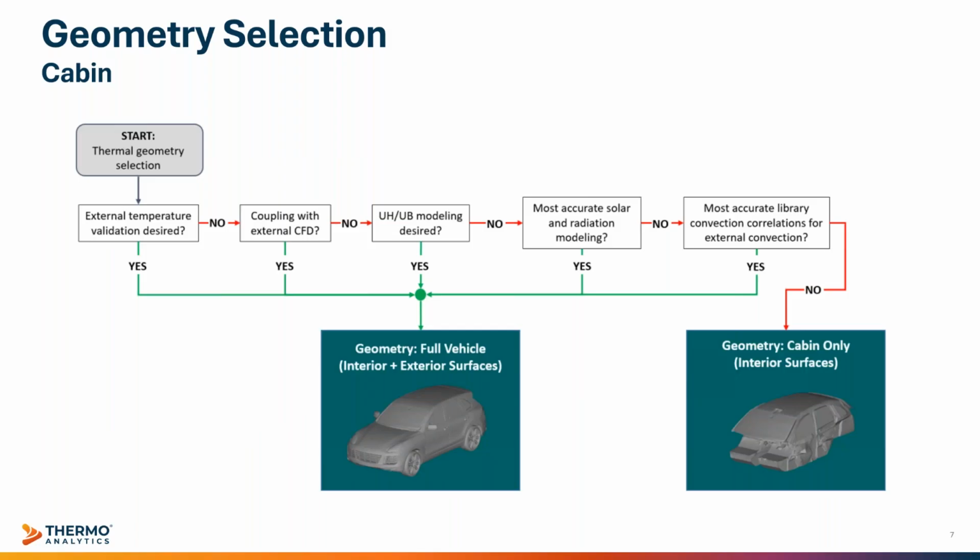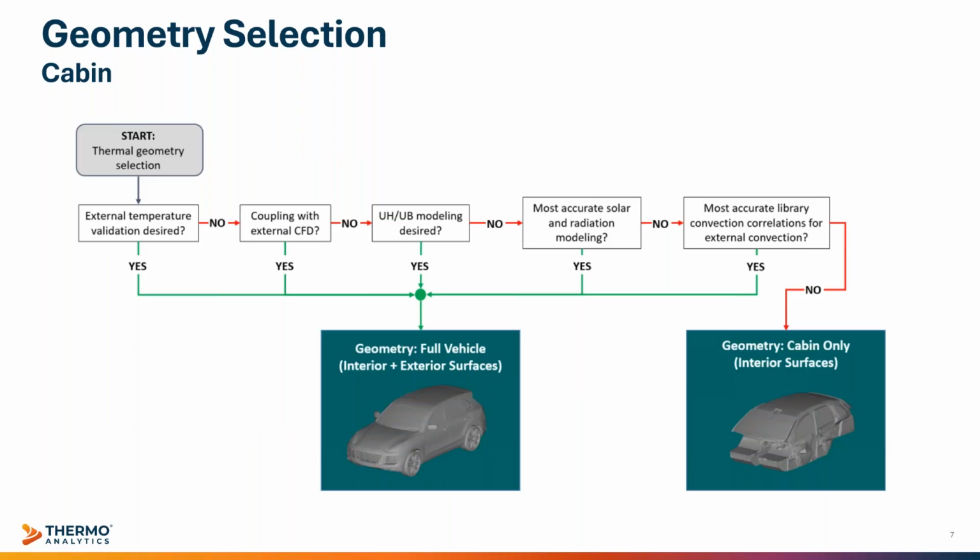If we want to model underhood, underbody components as part of the simulation, it's also important to keep the surrounding parts, so we should keep all of the external geometry. And if we want really accurate external flow, whether that be from RapidFlow, CFD, or library convection, in that case, we would also want to keep the full vehicle geometry.